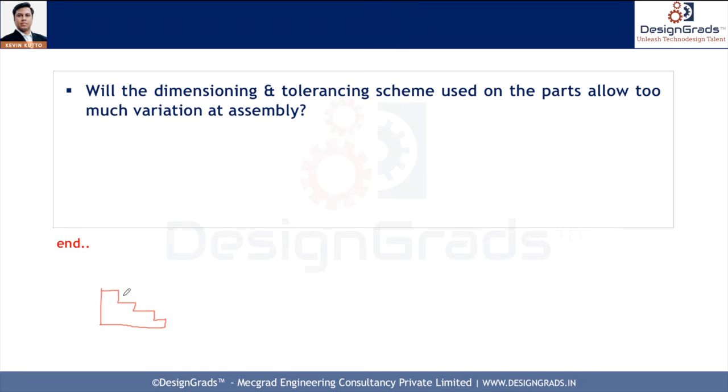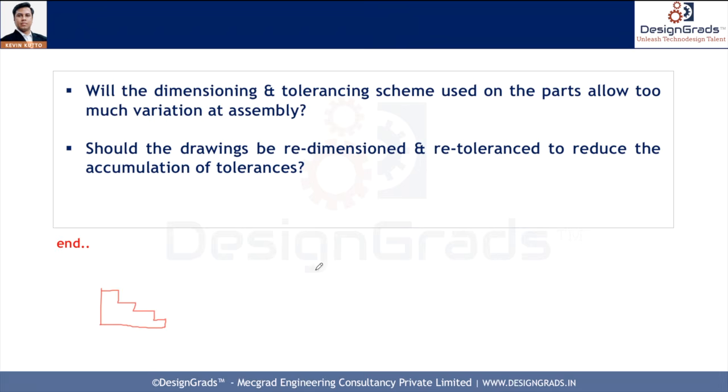You can provide the dimension of each of the steps, or you can dimension the whole width and then dimension three of the steps, right? Now which one is the correct one? Each way of dimensioning is going to drive a different kind of variation into the assembly. So tolerance stack-up analysis can help us determine that. It will tell us which is the optimal way of dimensioning and tolerancing this part.